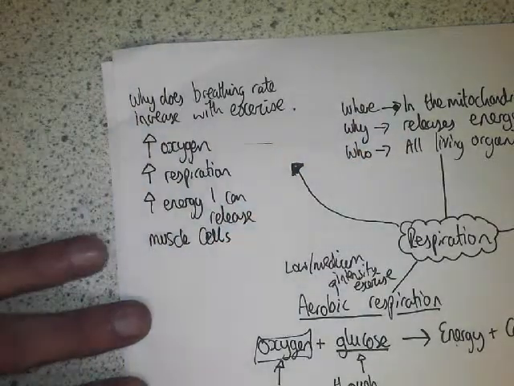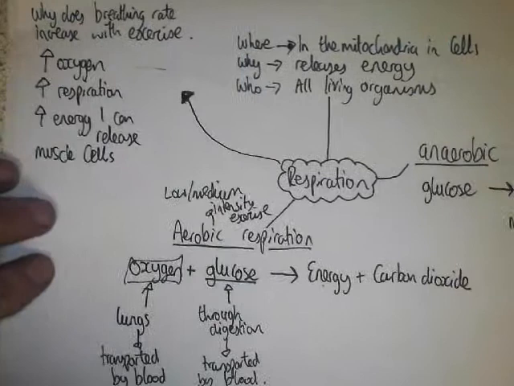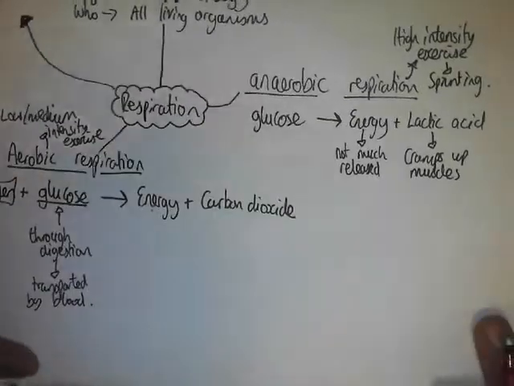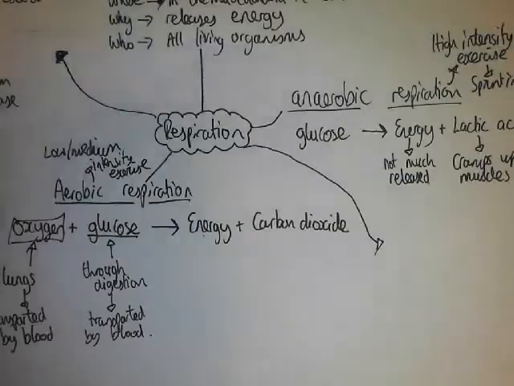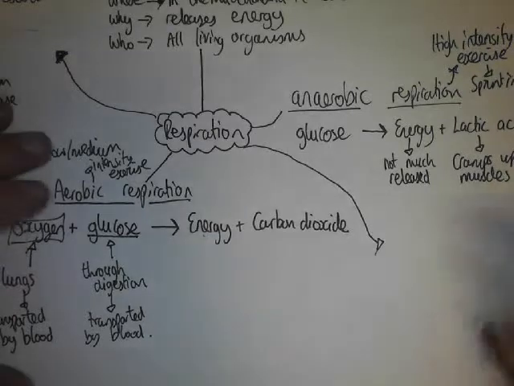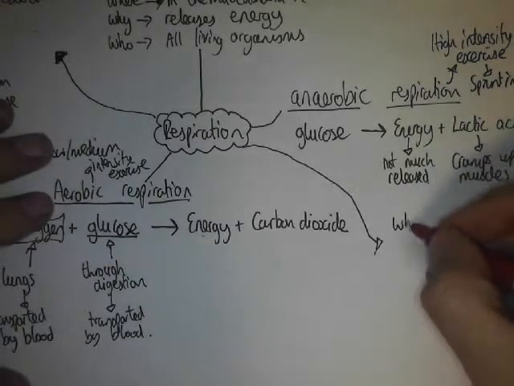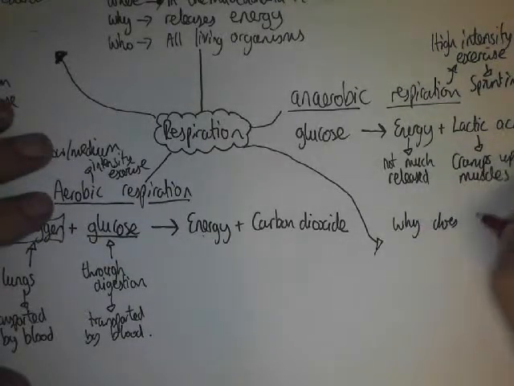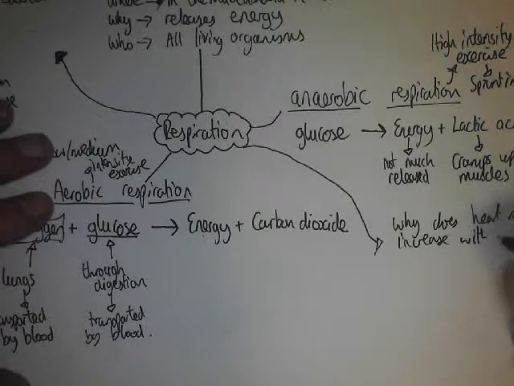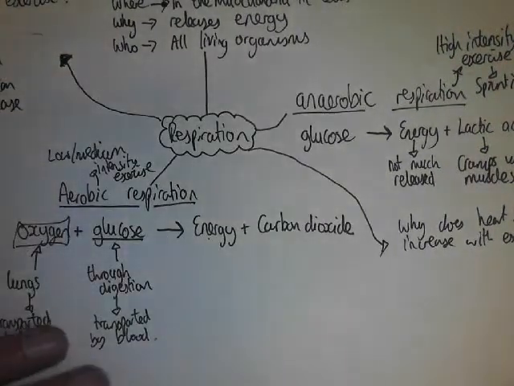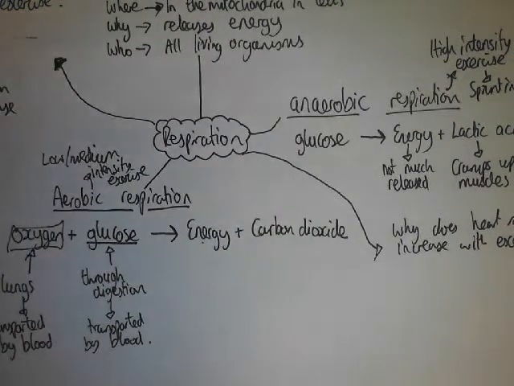Now, very similar for heart rate. So let's go down here. Common question. Explain why heart rate increases with exercise. Why does heart rate increase with exercise? So heart rate increases because I'm pumping my blood around the body quicker.